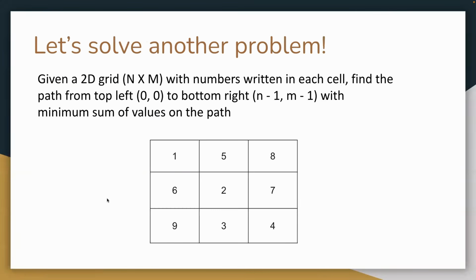So give me a naive way to solve this, a brute force way. Okay, somebody saying minimum from left and minimum from right. Not left and right, but down. One more thing. When I say you have to find the minimum path, you can only go down and you can only go right.